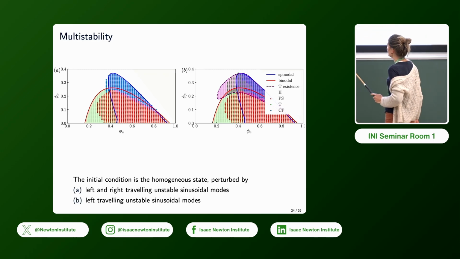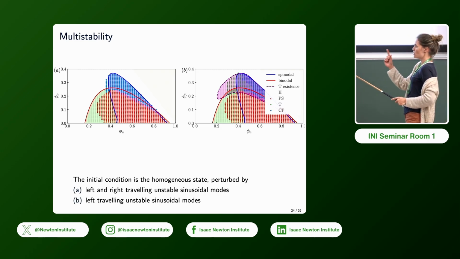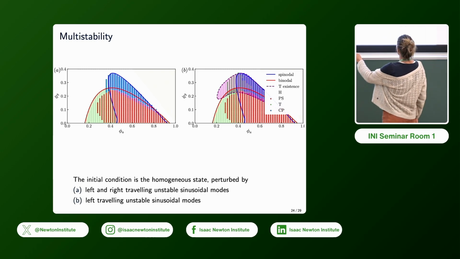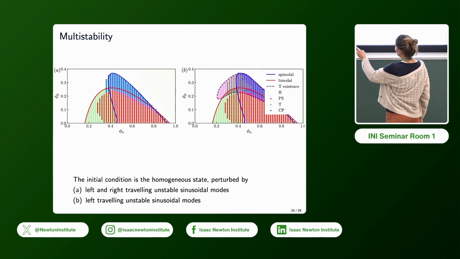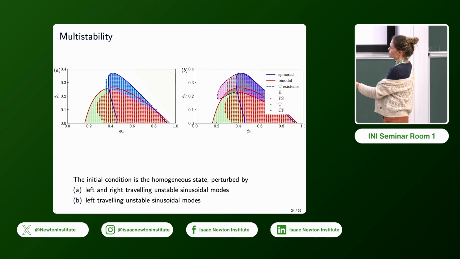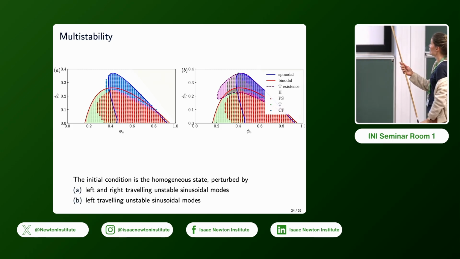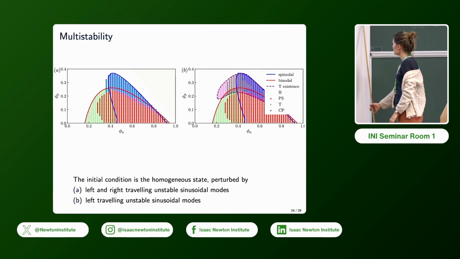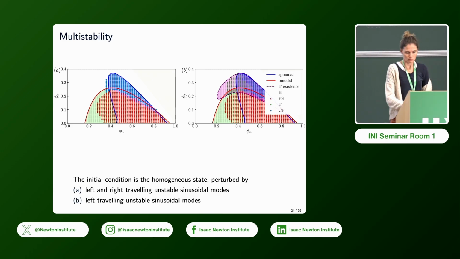The one on the left here is where we perturb with some left and right modes, and in this region we only get this blue counterpropagating dot. Whereas if we introduce only a left traveling mode, then we got some of these traveling solutions, but then some of them ended up becoming counterpropagating as well.